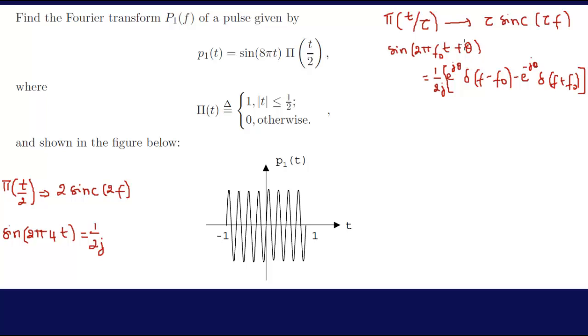There's no phase shift at all, so theta is equal to 0, and e to the power 0 is going to be 1, so that goes away, and so we have the delta function only, f minus f0, which is 4 here, minus f plus 4.